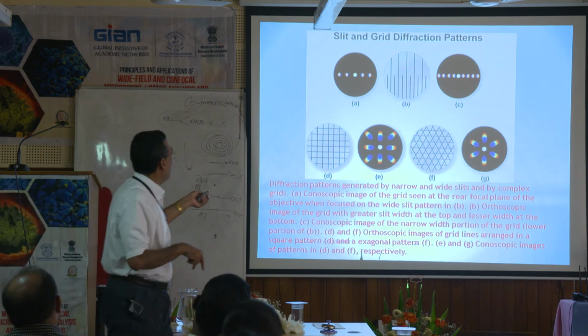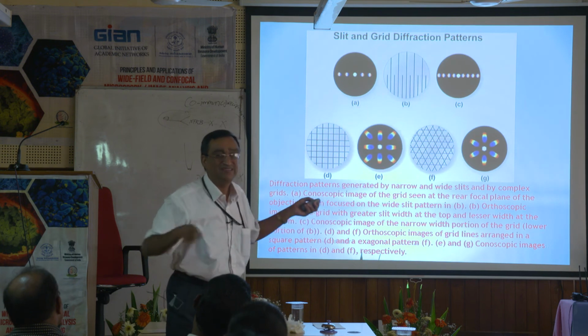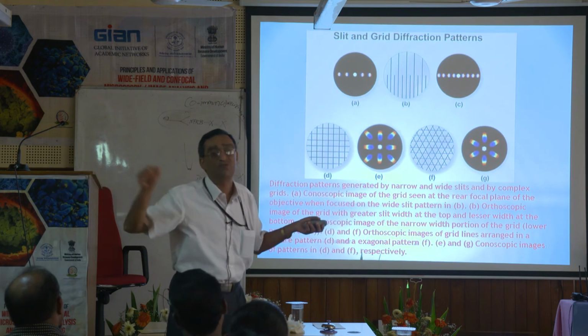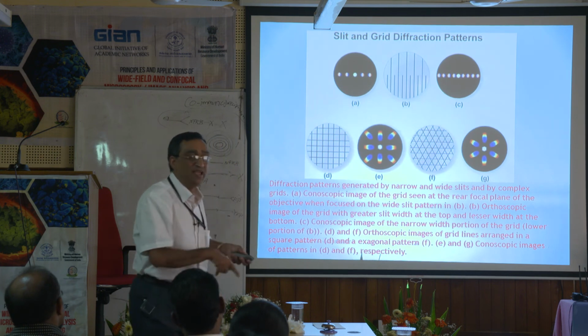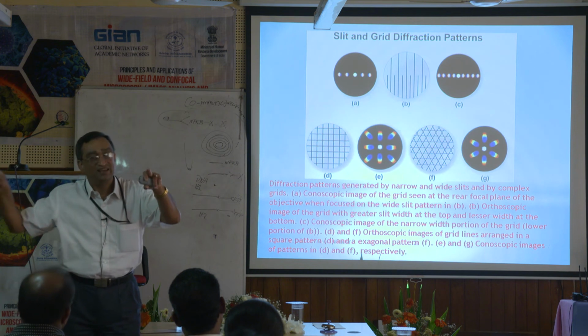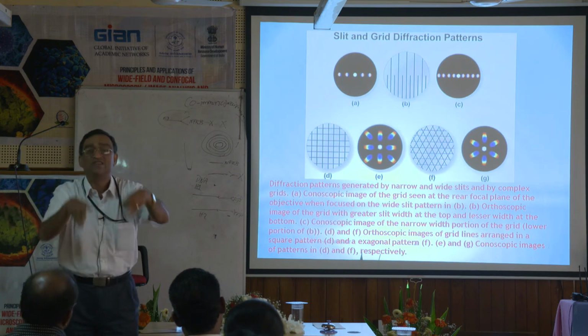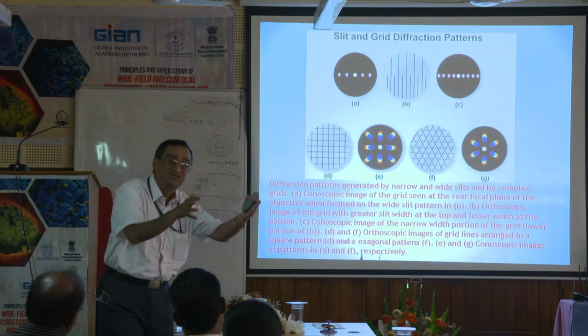Because, see, here I have put lines, grids, line spacing as the object to produce a diffraction pattern. Whereas in an electron microscope, what I am using is interatomic spacing as the grid, as what is known as a diffraction grating. Atoms are sitting in a lattice in a perfect arrangement.